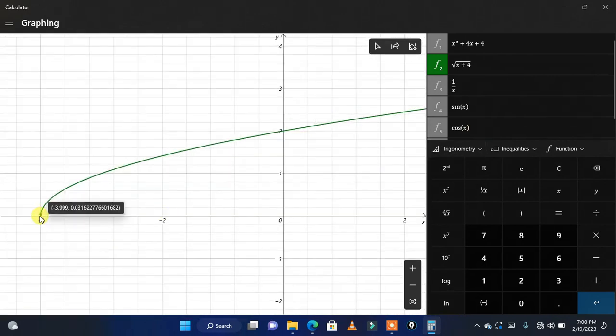So the domain should start from negative 4 up to infinity.